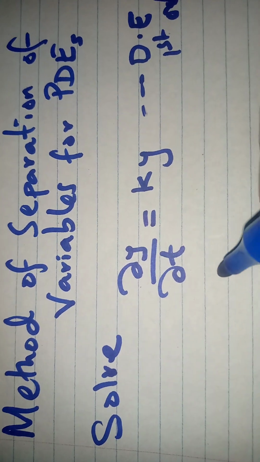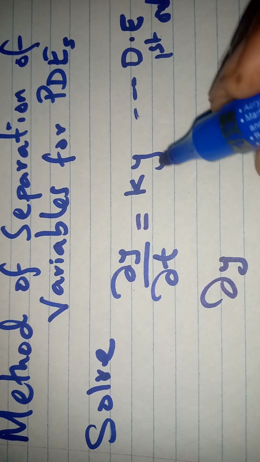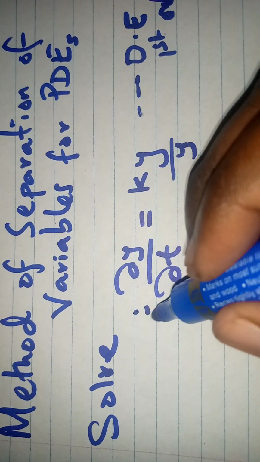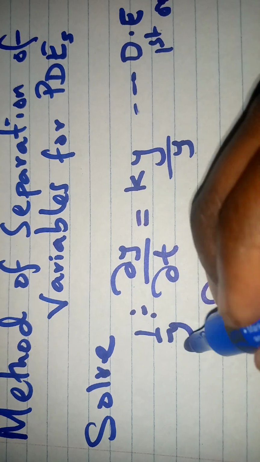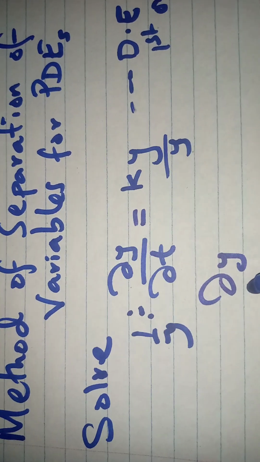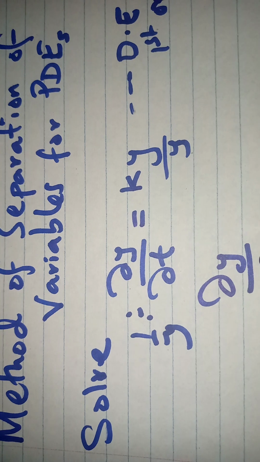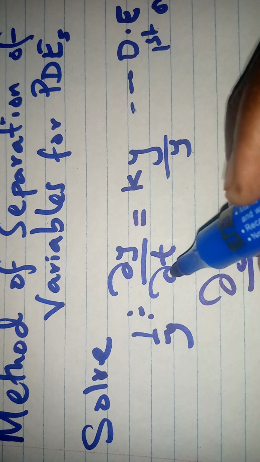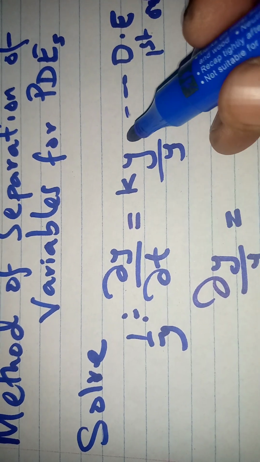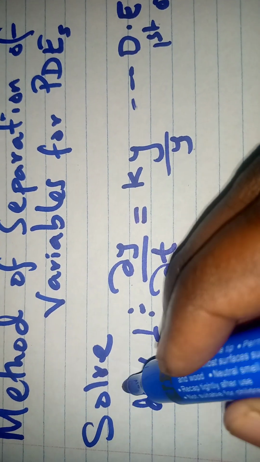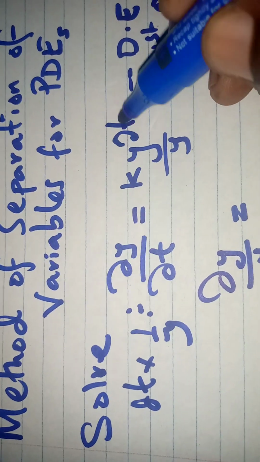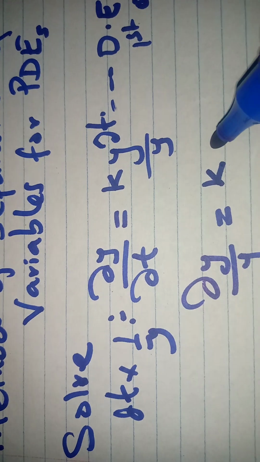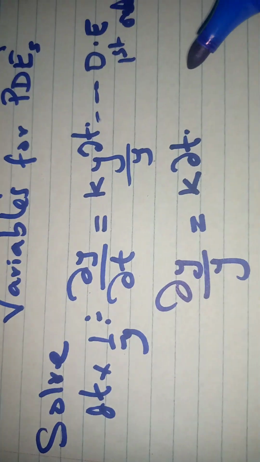So partial y, if I divide this by y and this side by y, then I'll have partial y over y, and then take this dt on the other side by multiplying by partial t. I'm going to have k dt.